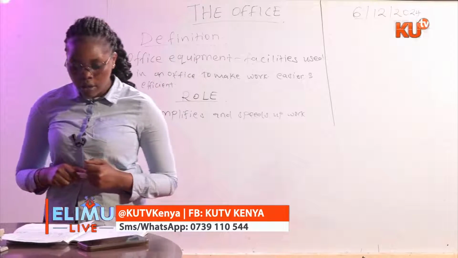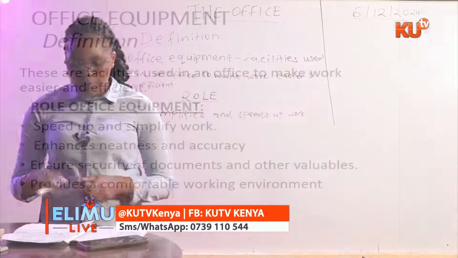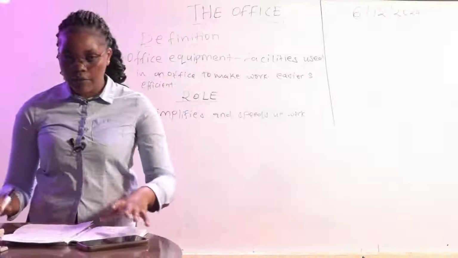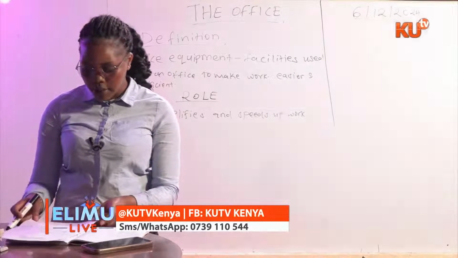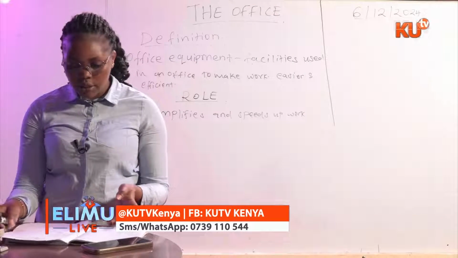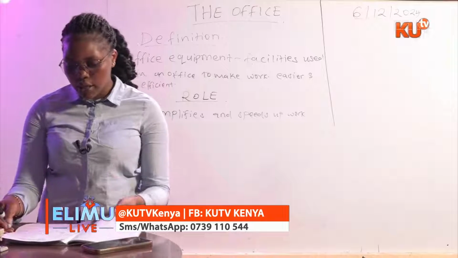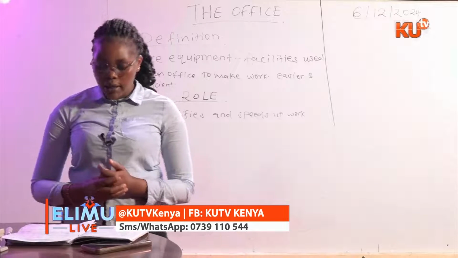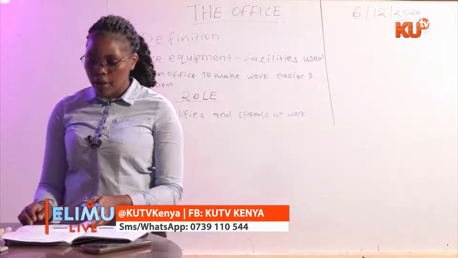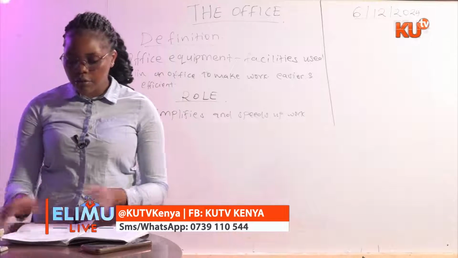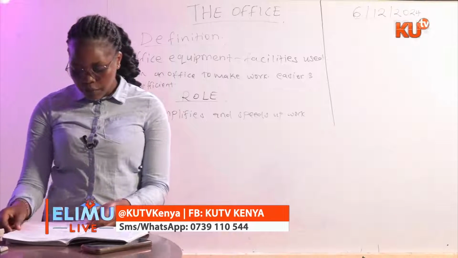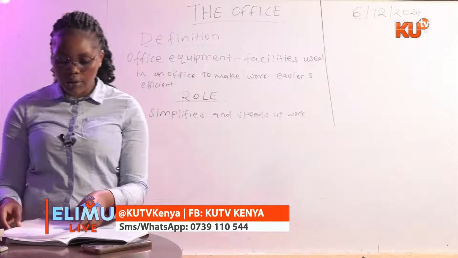Role number 4 provides a comfortable working environment. If you're in a working environment where you're handling so many documents, you need to put them all together. The office equipment will help us provide a comfortable working environment whereby you don't have so many documents scattered at your working area that could be preventing you from doing your work correctly.